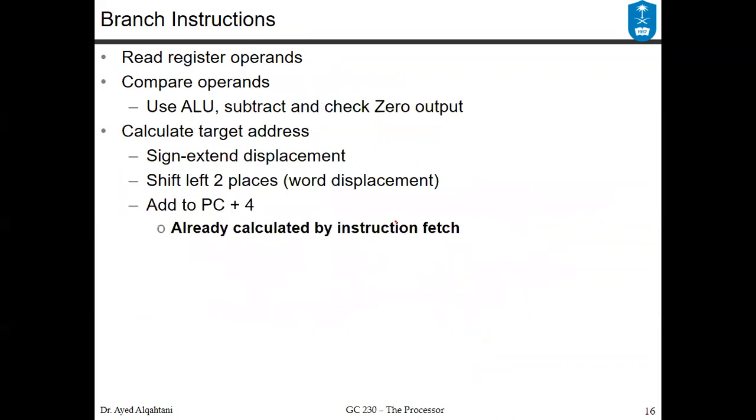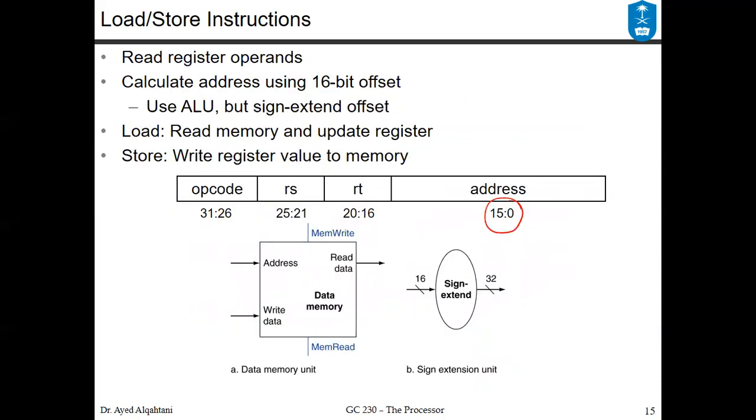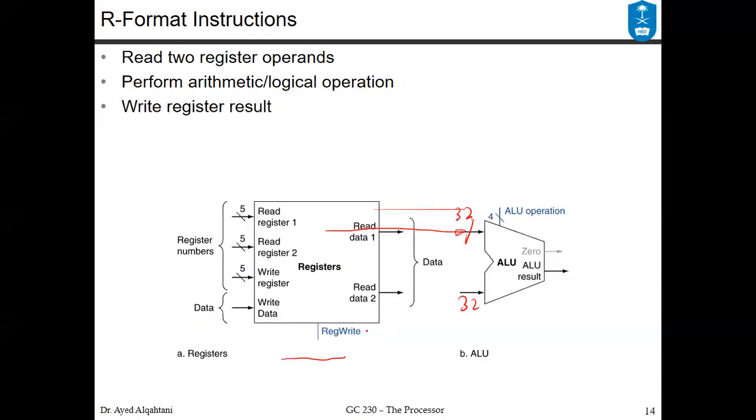So what we do here is we need to get the address or the offset or the immediate value from the instruction, which is going to be 16-bit, and we do a sign extension.